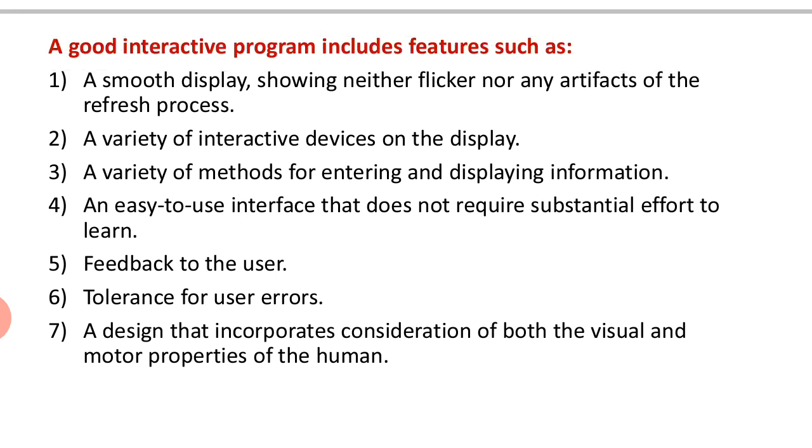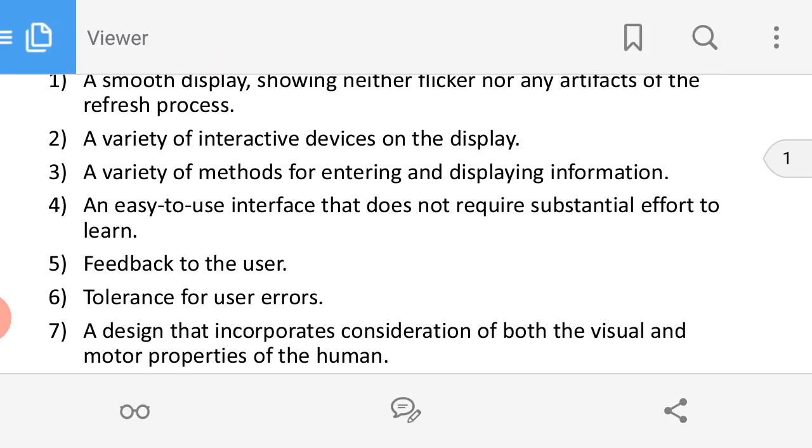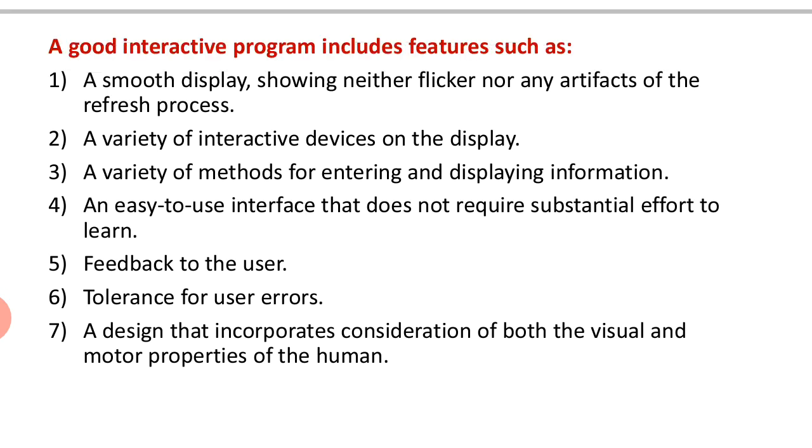And the last one is a design that incorporates consideration of both the visual and motor properties of the human. That's very important. The applications that we develop will be more user friendly only when we consider this point. That is, it should be appropriate for both the visual and motor properties of the human.